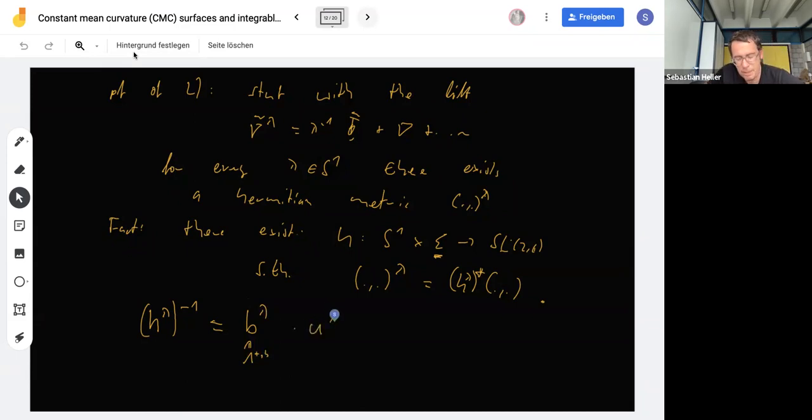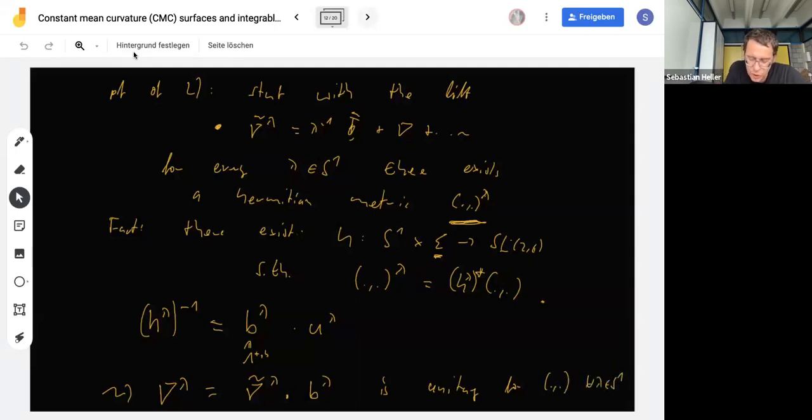If we apply the unitary transformation to the Hermitian metric, it doesn't change the Hermitian metric. So if we do that, we can compute the following: nabla lambda, which is our lift gauged by this positive part B of lambda, is unitary, not anymore for this Hermitian structure, but unitary for the standard Hermitian metric for all lambda on S1.